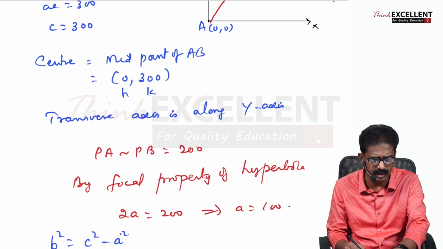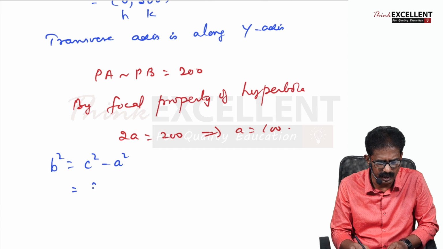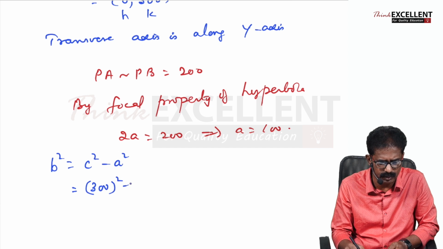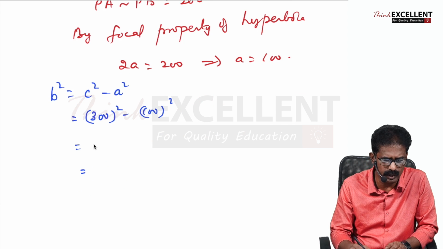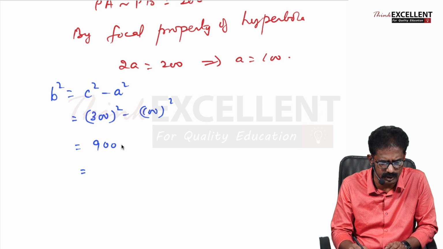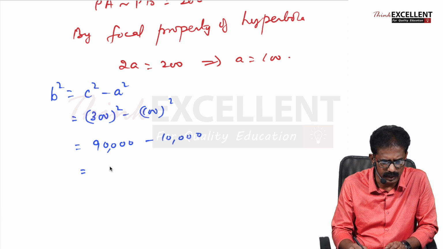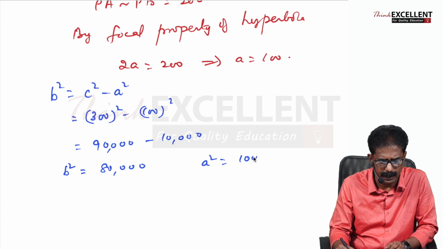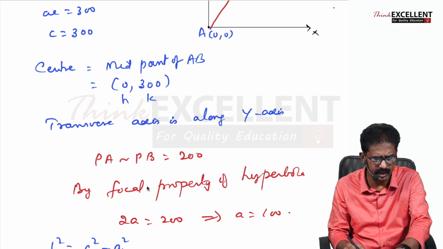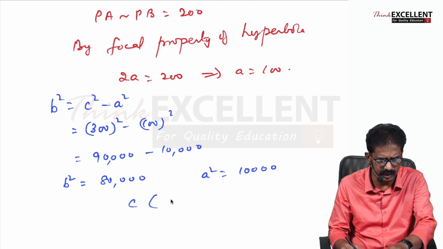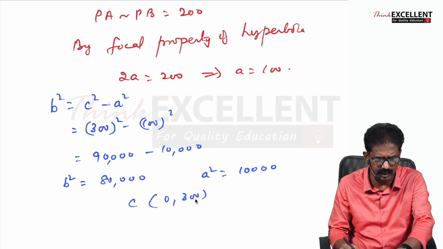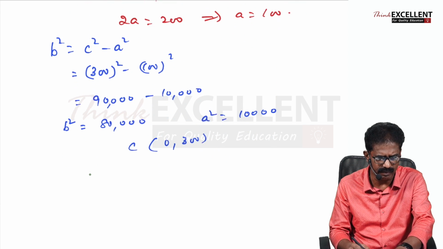So here c square is 300 square minus a square, 100 square. 300 square is 90,000, minus 10,000, so you get 80,000. This is the b square value. A square is 10,000. And the center is (0, 300). Everything is written, so now we can write the final answer.